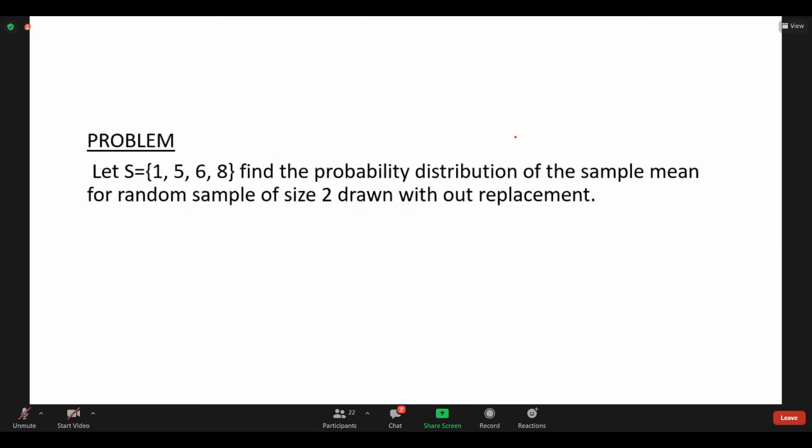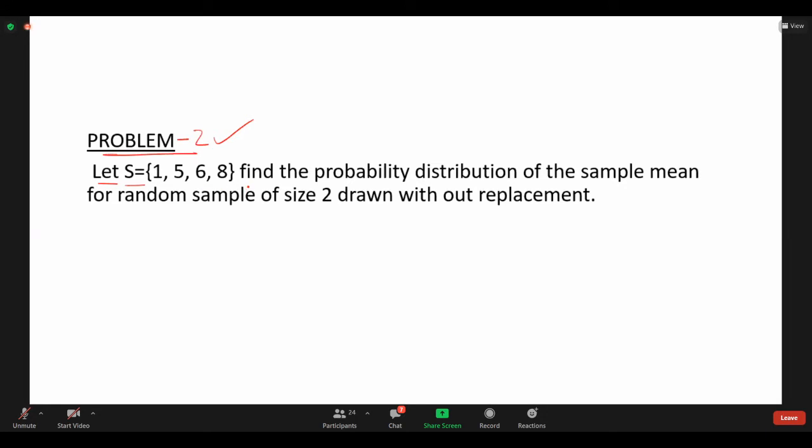All of you see the second problem. Let S contain 4 elements: 1, 5, 6, 8.